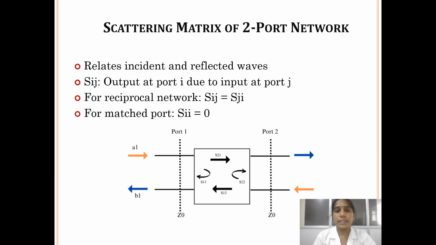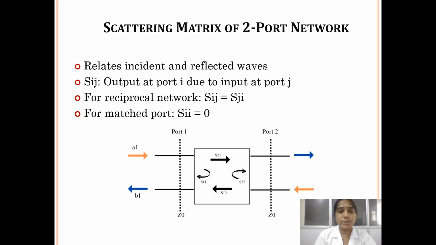So, let us recall the properties of the S matrix before going to the E-plane T, which will be helpful further. Normally this scattering matrix relates the incident wave and the reflected wave, by using which we calculate the total power and the characteristics of the device.